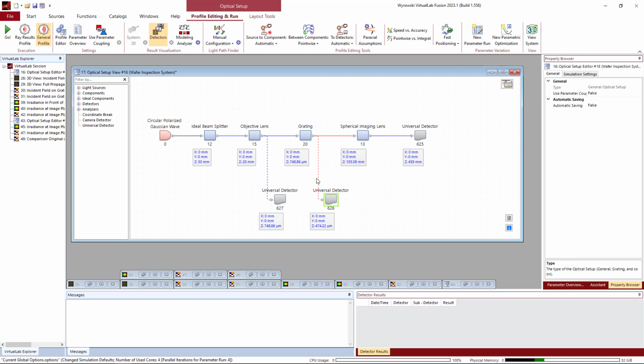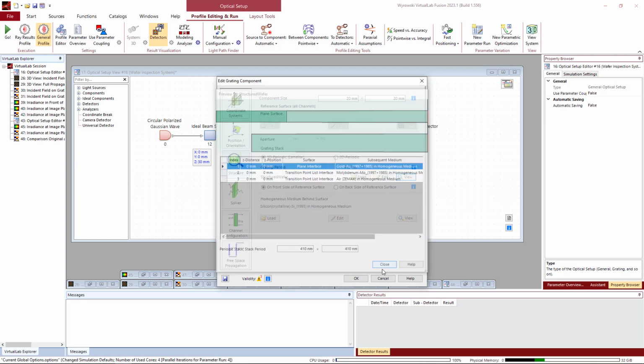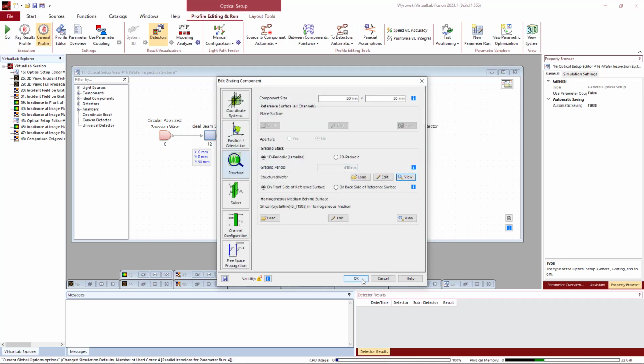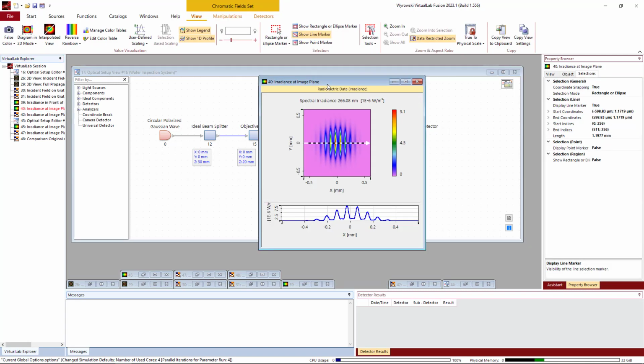But we're going to see that the asymmetry that the structure exhibits, if we go back to the wafer structure, once again, we can see that it's not the same as we advance from left to right than when we advance from right to left. So that asymmetry is going to be visible in the image that we recreate as well. And that is this result.